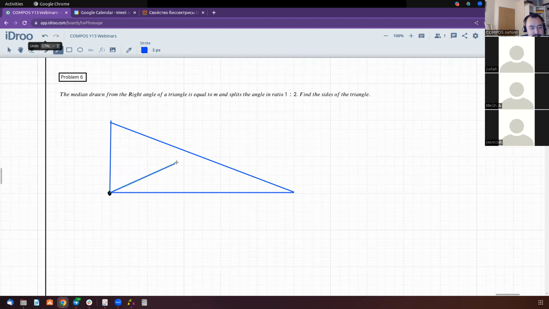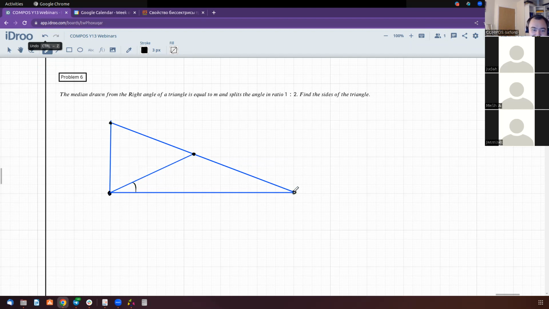Well, it doesn't specify. So let's say it splits it in proportion of 1 to 2, like this. Oh, the median, of course, it has to be the median. So this has to be 2, and this has to be 1. What's this angle? Can you already see it? 30.